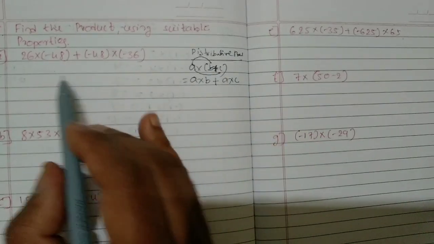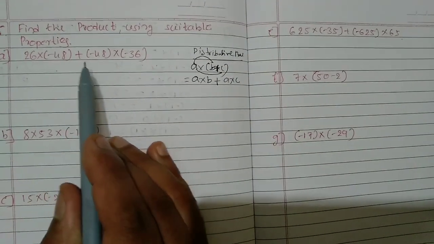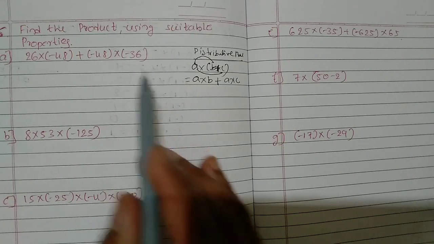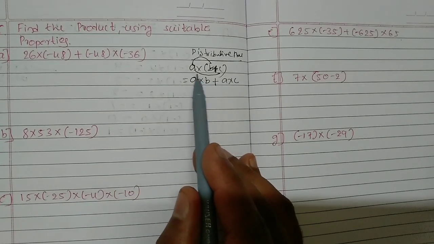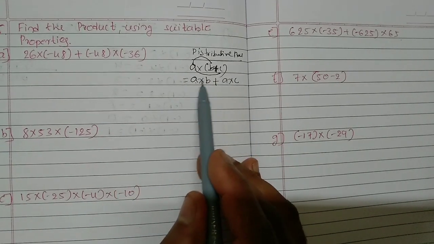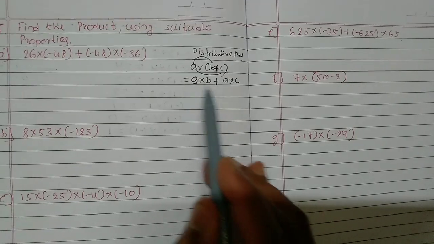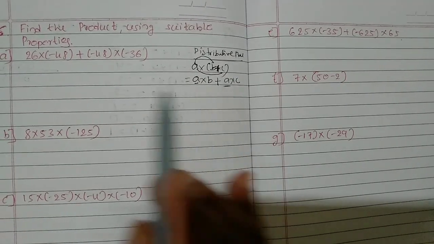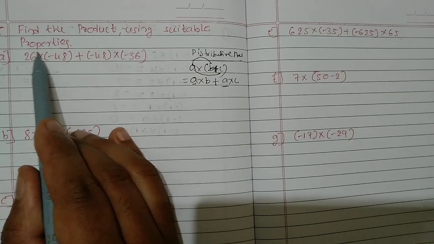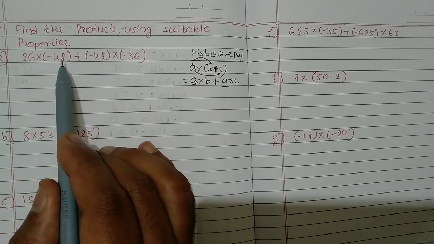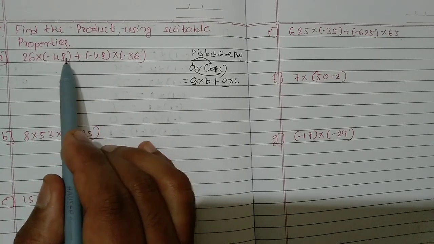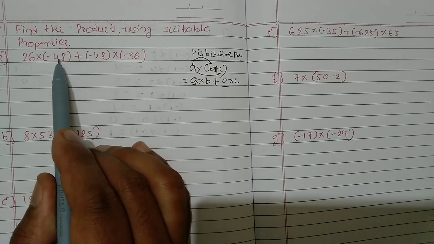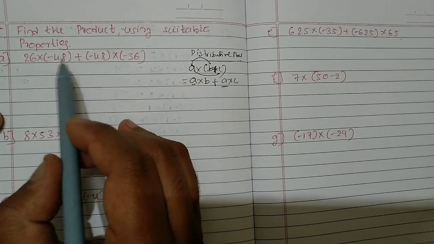So based on this, the question is 26 into minus 48 plus minus 48 into minus 36. What is the common factor here? In these two terms, the plus sign is separating two terms, right? What is common?